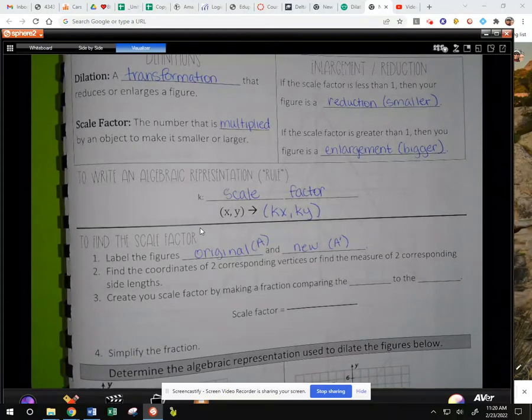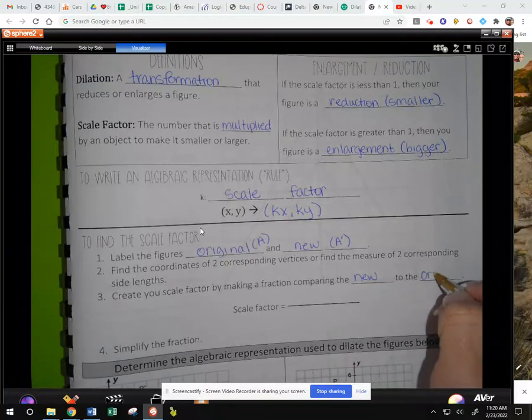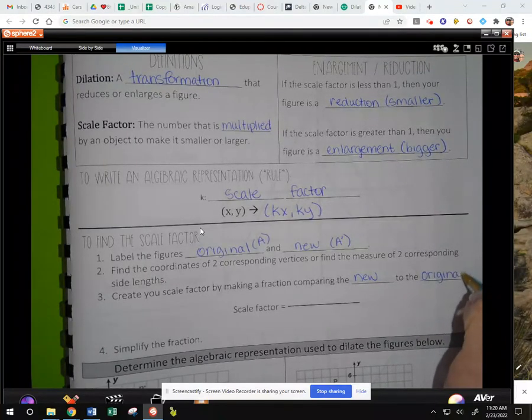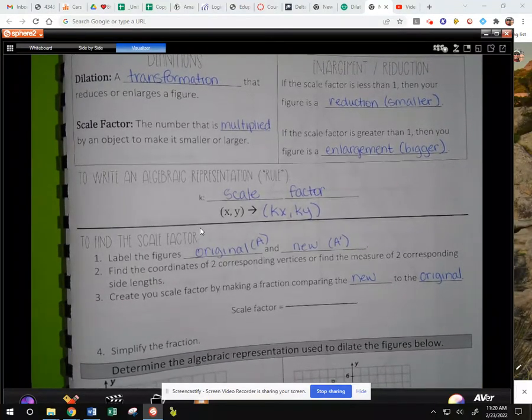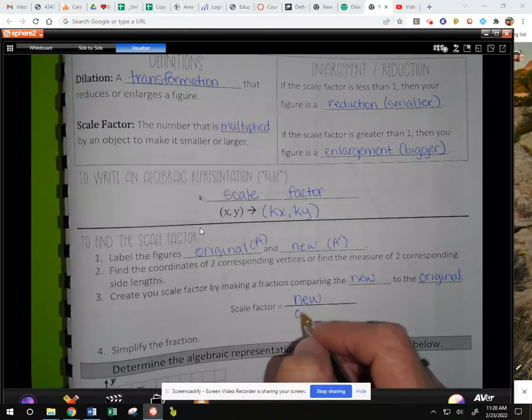Okay, so we're going to find the coordinates of two corresponding vertices or find the measure of two corresponding sides, which means we're going to find the same two points and the same side. You're going to create your scale factor by making a fraction comparing the new to the original. And we write that scale factor as new over original.